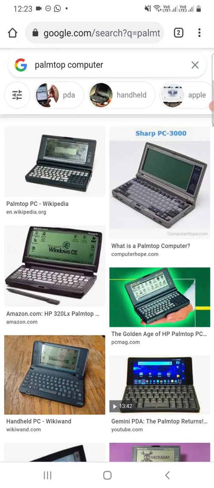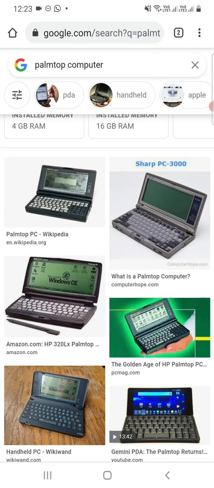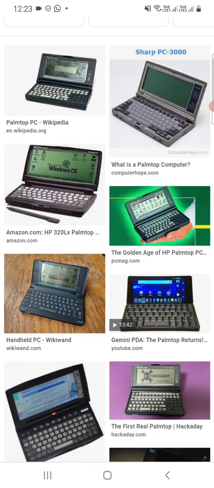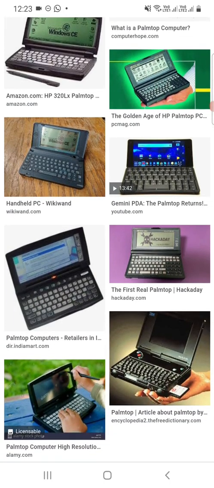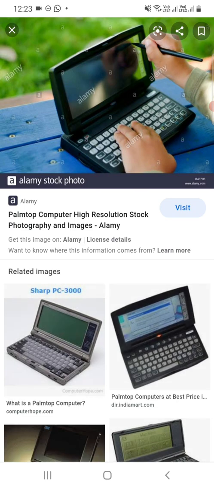So these types of small computers are called palm top. You can see the image: a small screen and a small keyboard. We can easily access that keyboard and use that machine as a computer.